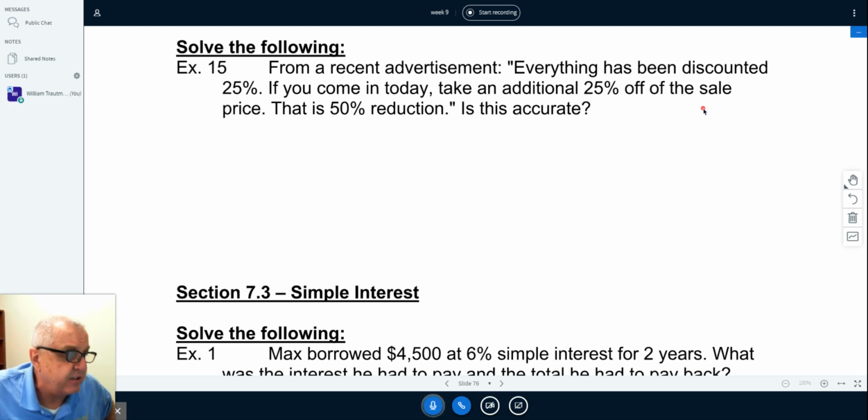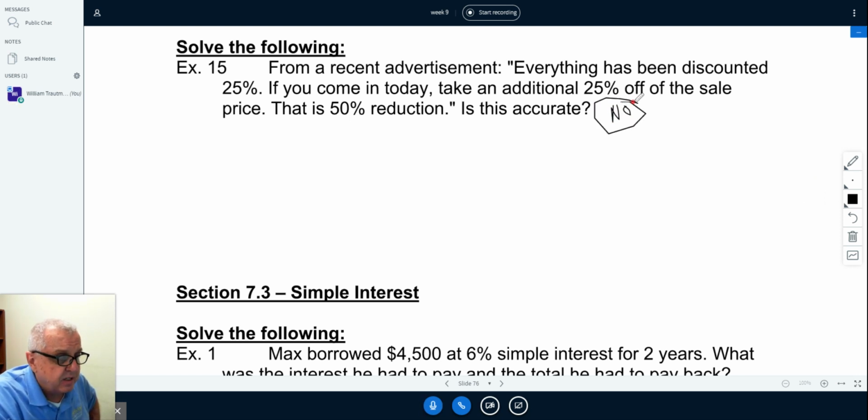We're going to take another 25% off of that price." It says this is a 50% reduction. Is this accurate? It's really not. It sounds like 25% and 25% is 50%, but it's not. And let's prove it.